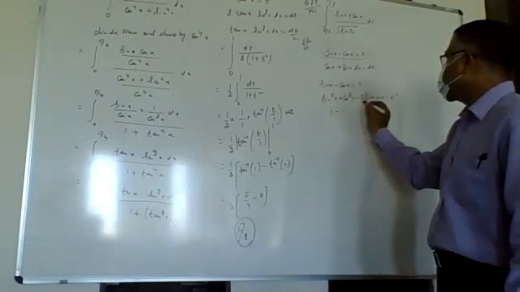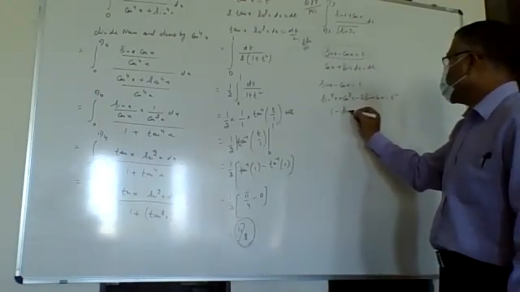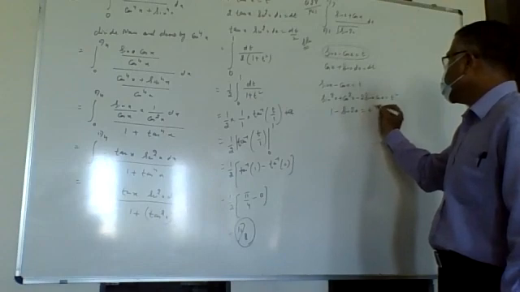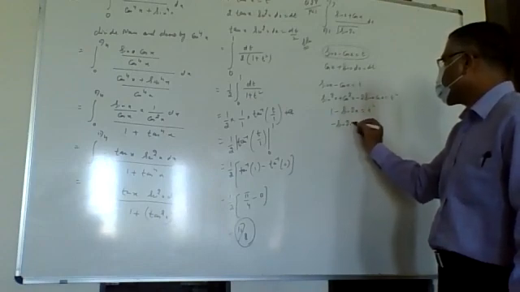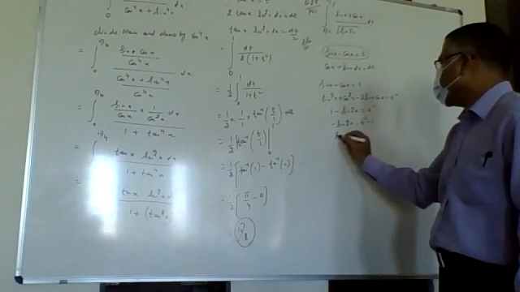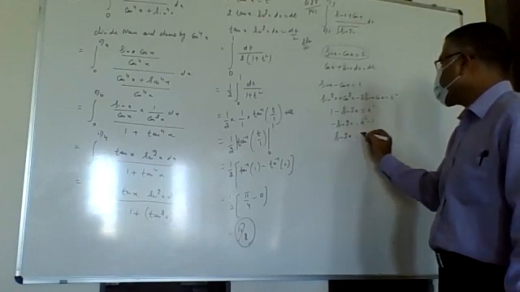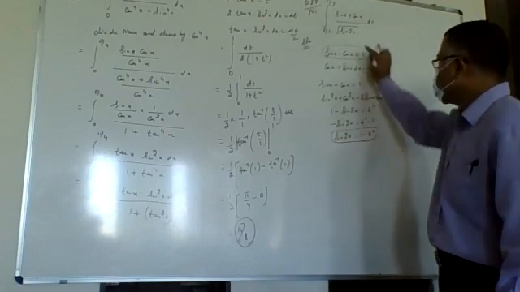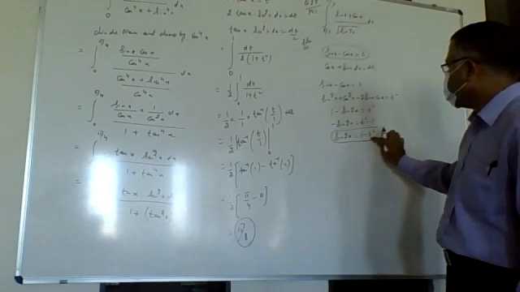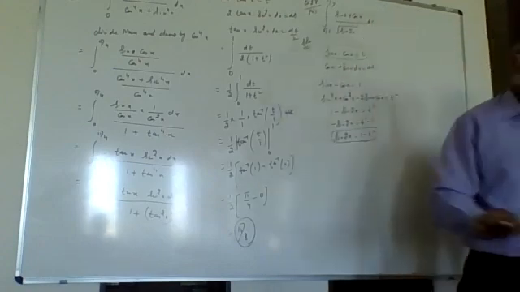This is 1 minus sin 2x, क्या बन गया? This is t square. So from here minus sin 2x is t square minus 1. So what is the value of sin 2x? This is 1 minus t square.